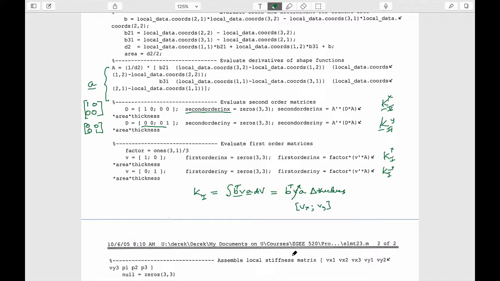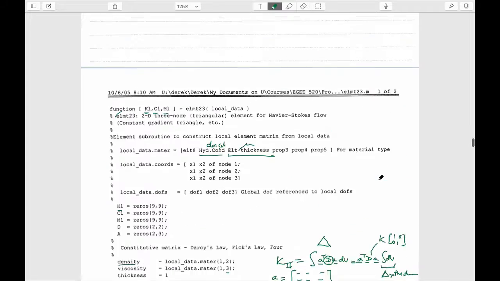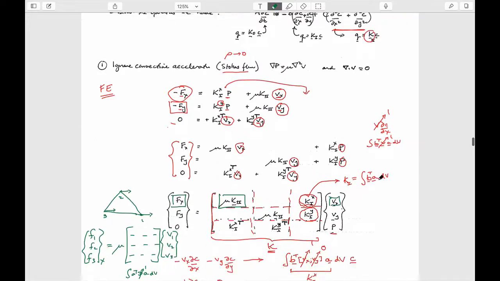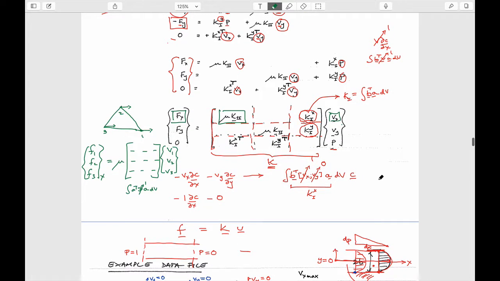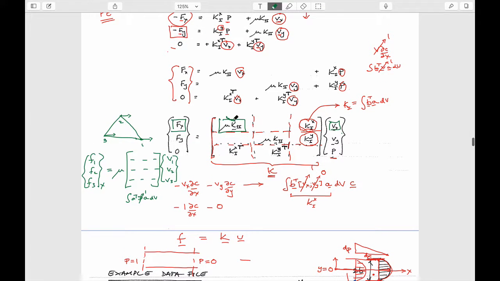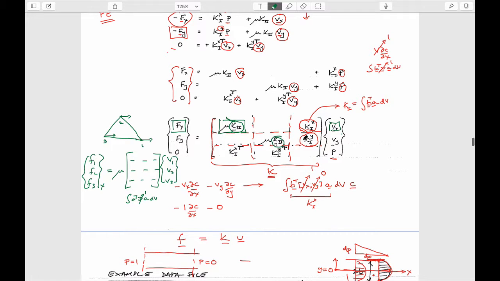So the bottom line is, if I zoom back up to what we're looking for, we're trying to get a matrix relationship which has the second order terms in it, and the first order terms with respect to x and the first order terms with respect to y, and also the transpose of those two.